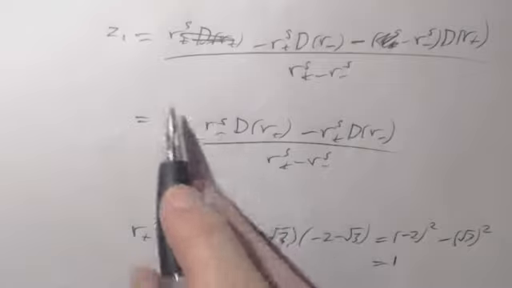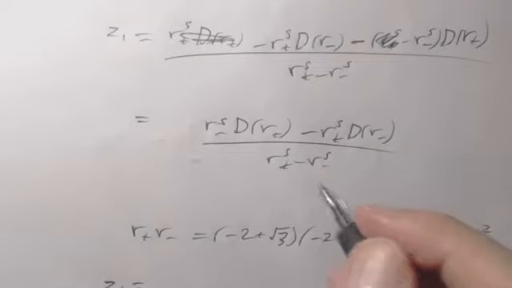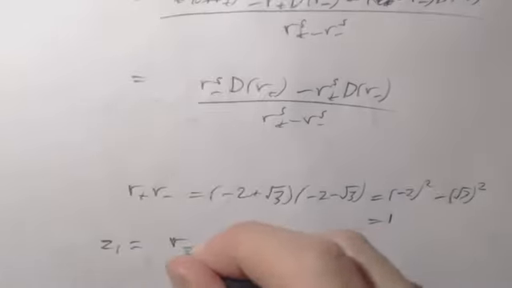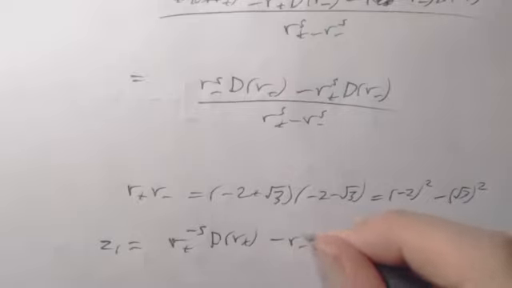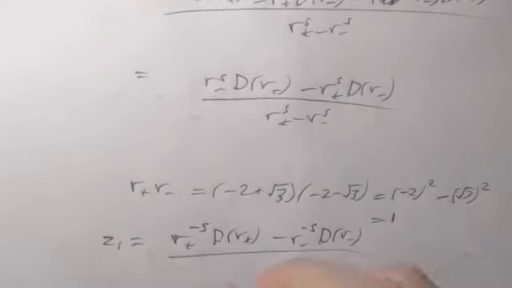So what we're going to do here is we've got our equation for z1, and we divide the top and the bottom by r plus r minus to the 5, which is 1 basically, but what we end up with is r plus to the minus 5 dr plus minus r minus to the minus 5 dr minus over r minus to the minus 5 minus r plus to the minus 5.